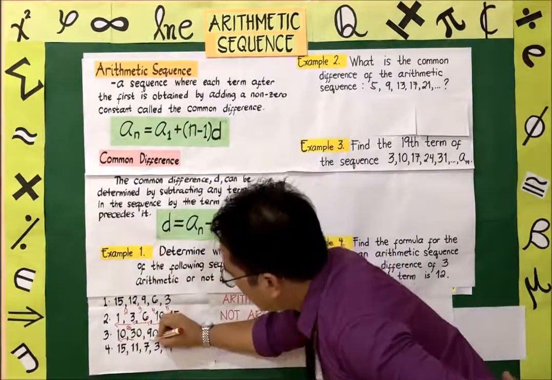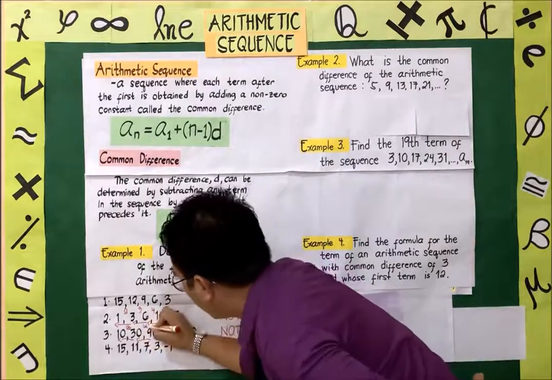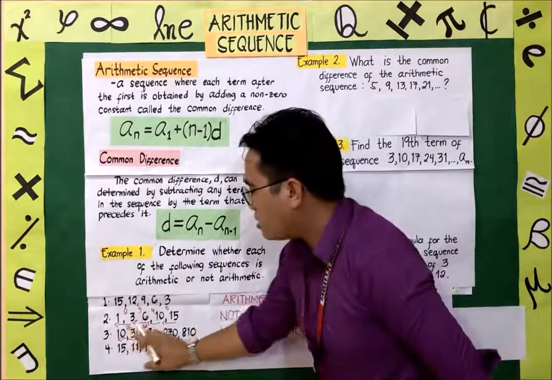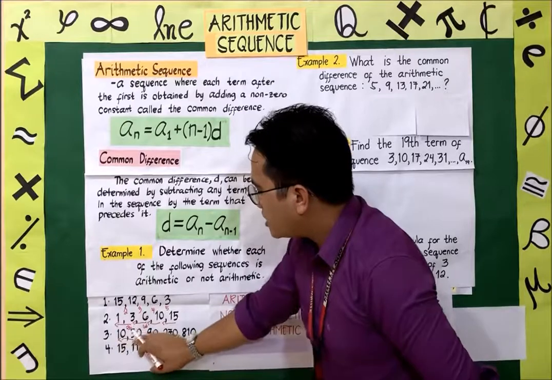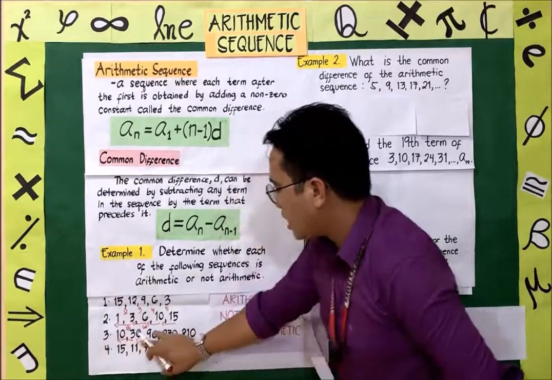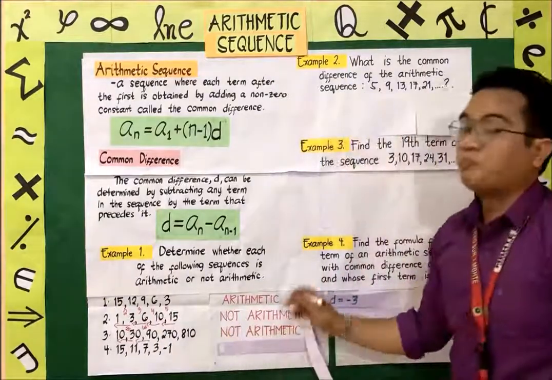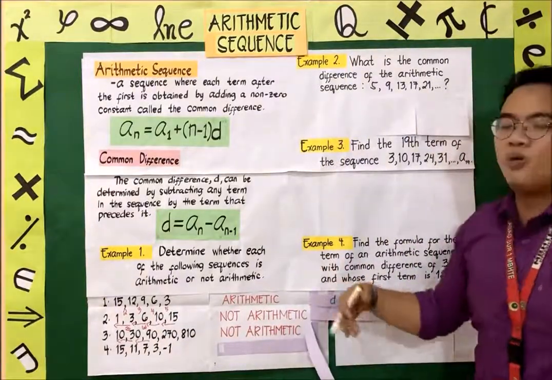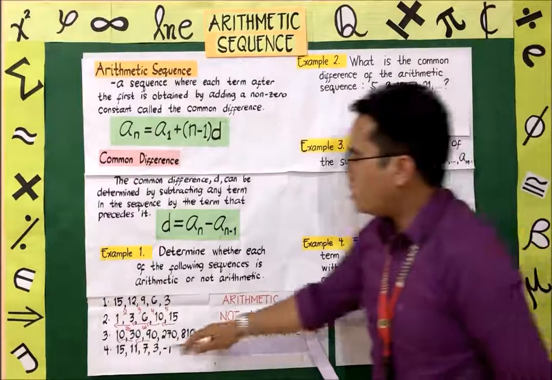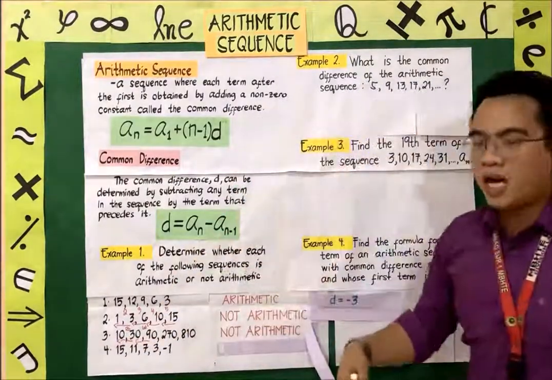Then, 90 minus 30 is equal to 60. Kahit dito lang sa first na numbers, sa 30 minus 10 at saka sa 90 minus 30, magkaiba na siya. So, hindi talaga siya arithmetic sequence kasi wala silang common difference. Even though sequence siya, hindi siya arithmetic.